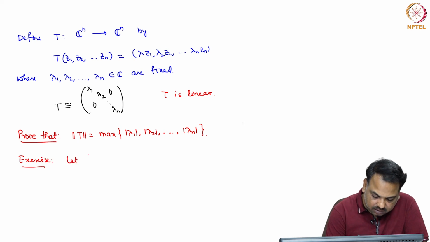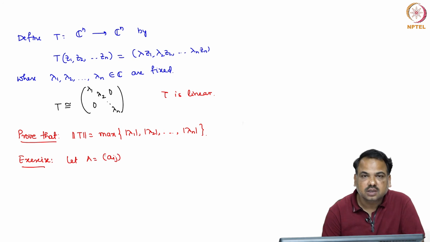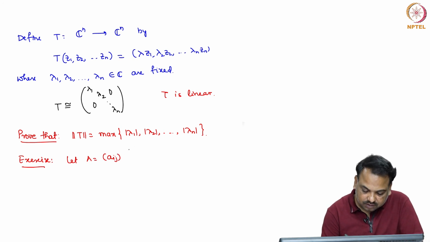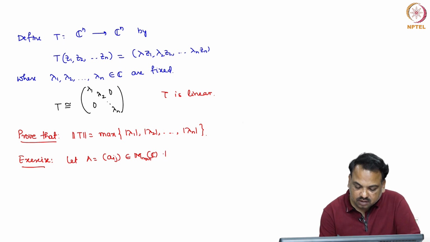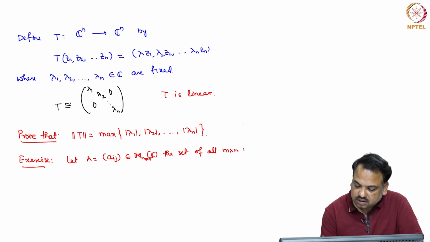So let us look at A to be an m by n matrix (Aij). This is in M_{m×n}(C), that is, the set of all m by n complex matrices.